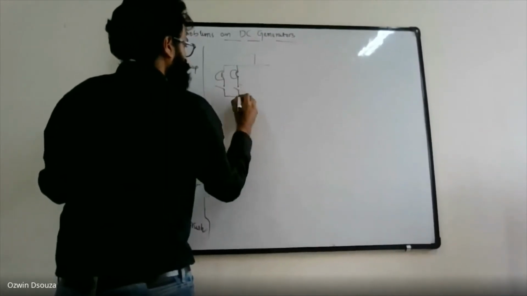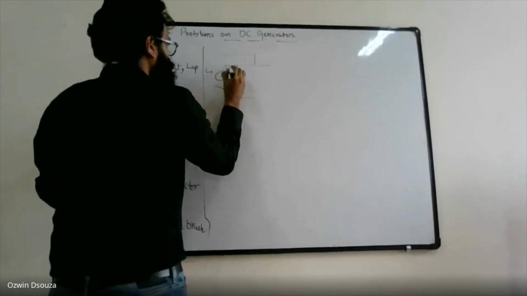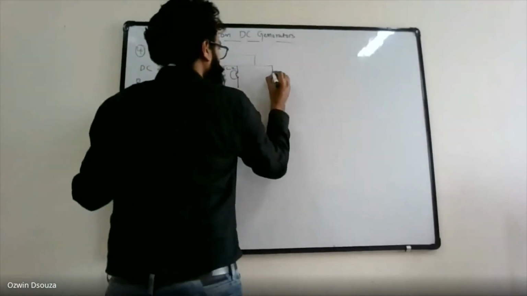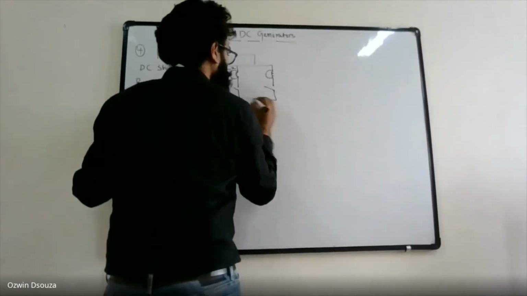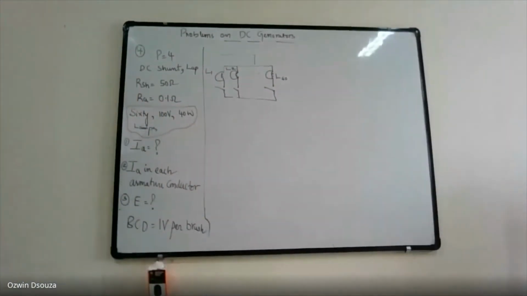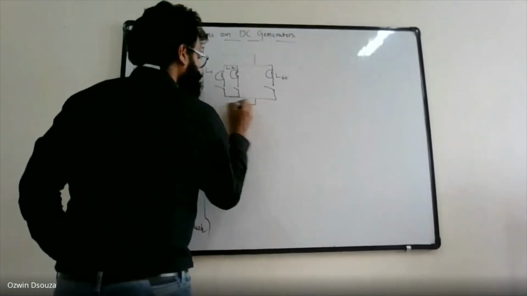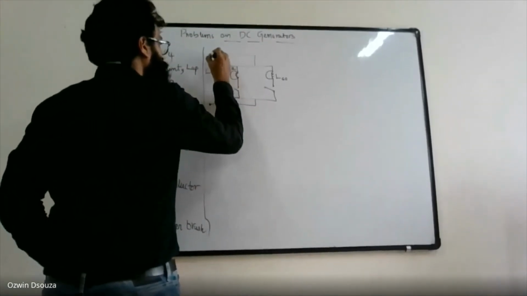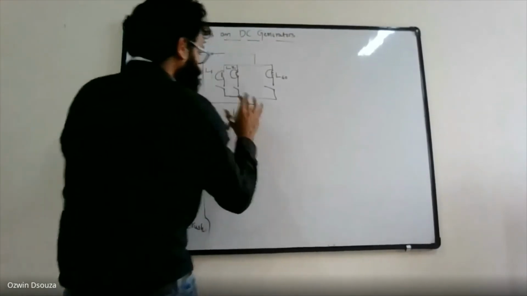And this will go on till the 60th lamp. So this is the load. This is how the load is connected. In a nutshell, you can just call it the load.